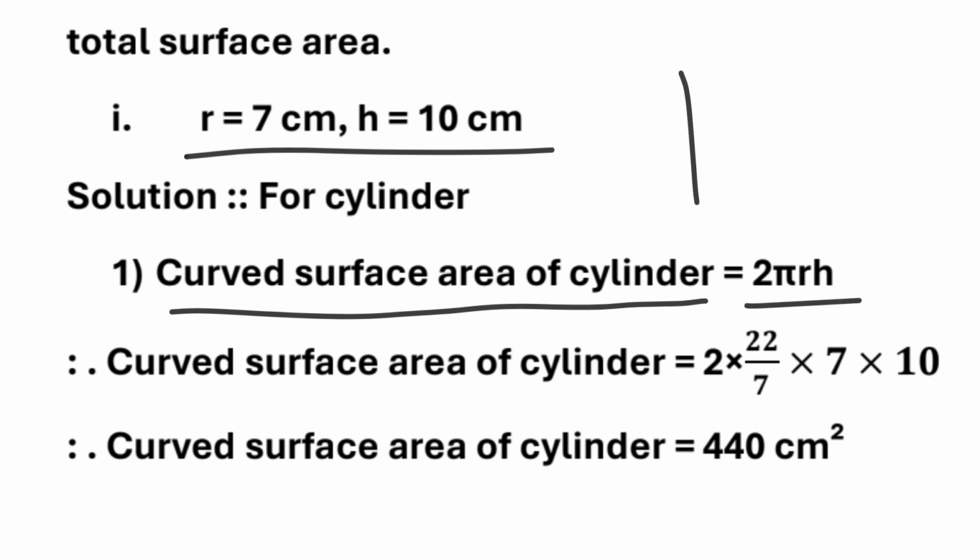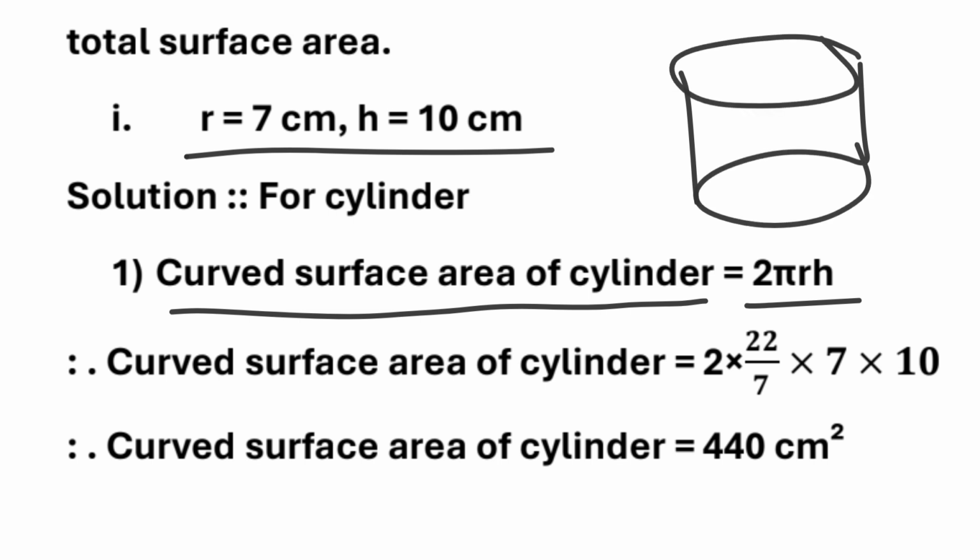Now, when there is a cylinder, look here, this is a cylinder, then this part is the circular part. Therefore, the circumference of this circular part is 2 pi R, and this height we take here.